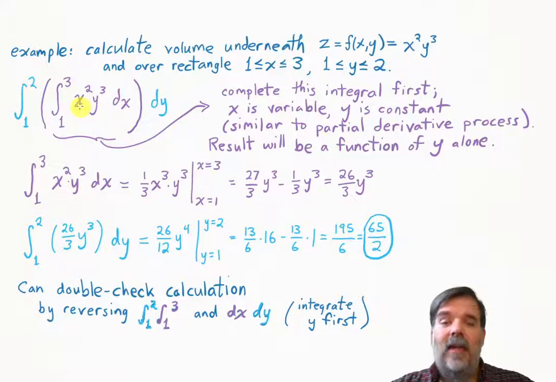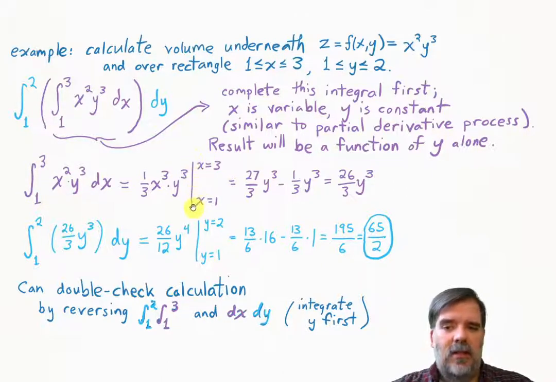The antiderivative of x squared times a constant, by the constant multiplier rule, is x cubed over 3 times that constant. So for this inner integral, this antiderivative is going to be 1/3 x cubed times this constant y cubed, and then we need to evaluate it between these bounds.